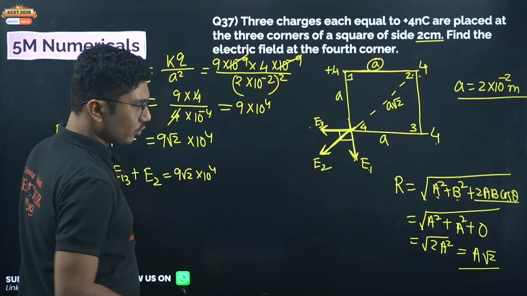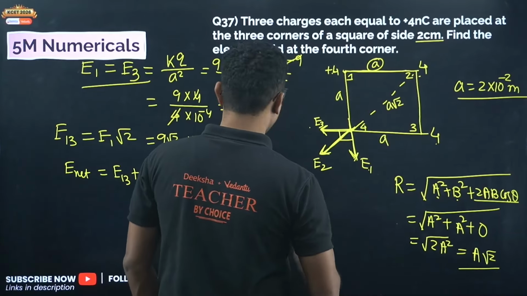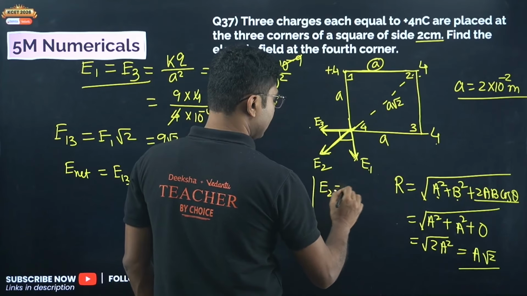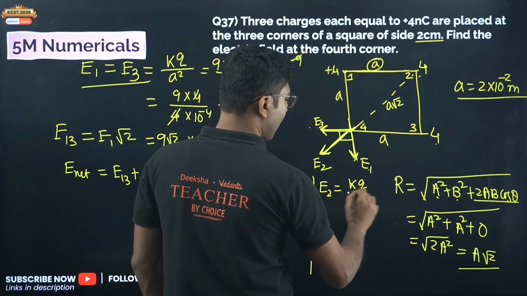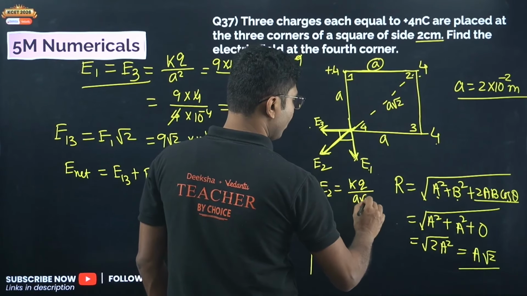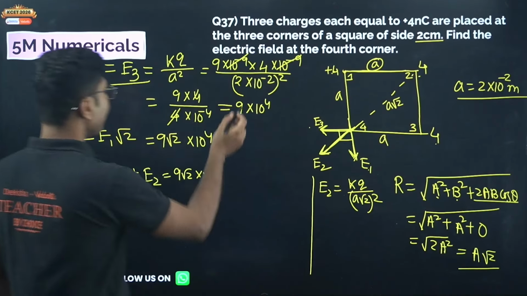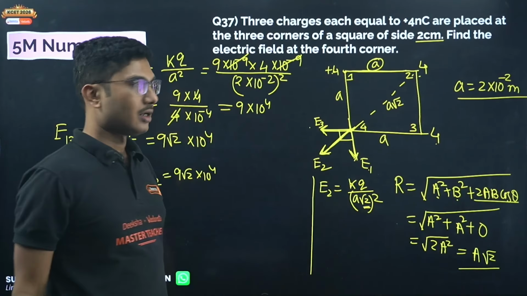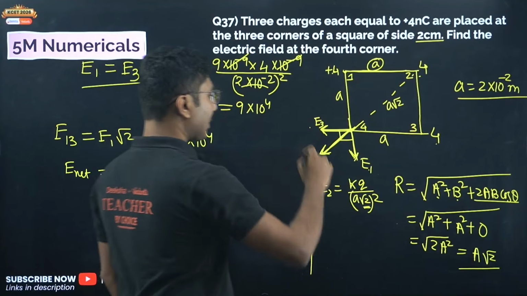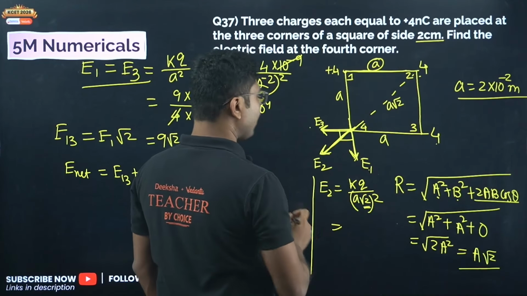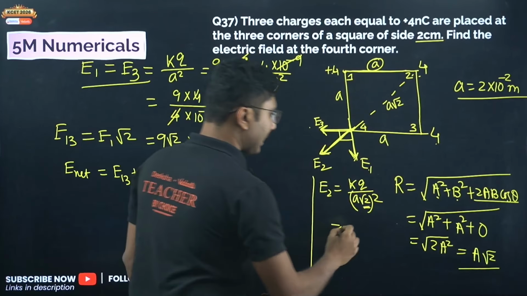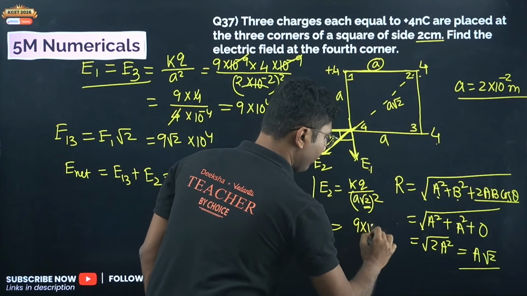What about E2? Let me calculate E2 in this space. E2 is given by KQ by A root 2 whole square. Everything is same, but there is only one root 2 square extra. KQ by A square is already known, that is 9 into 10 to the power of 4.